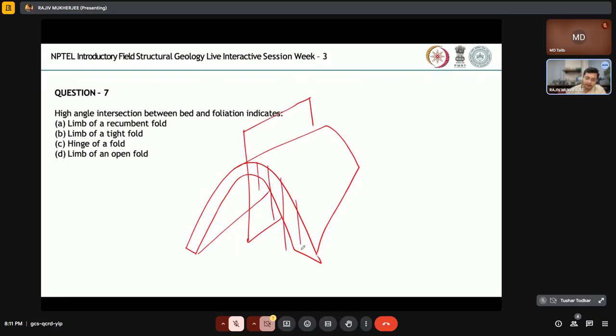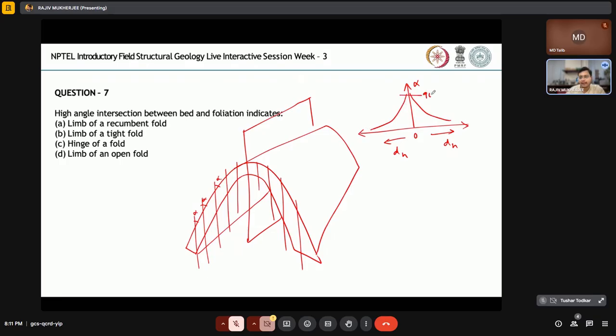So parallel to the axial plane. If I just mark these intersection angles alpha, and if we just consider the fold to be symmetric, this is how it should appear.